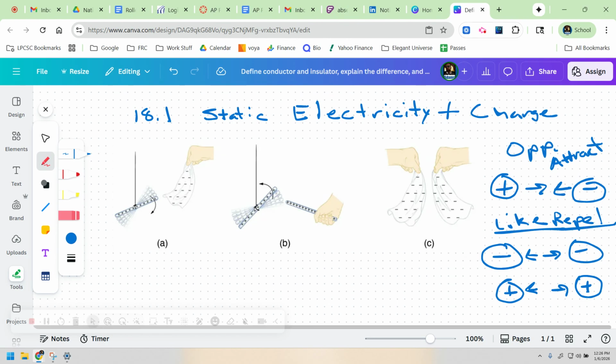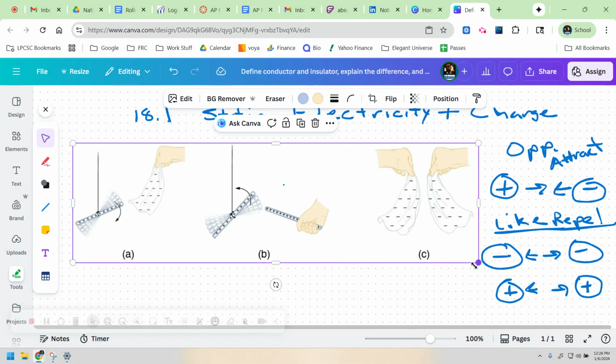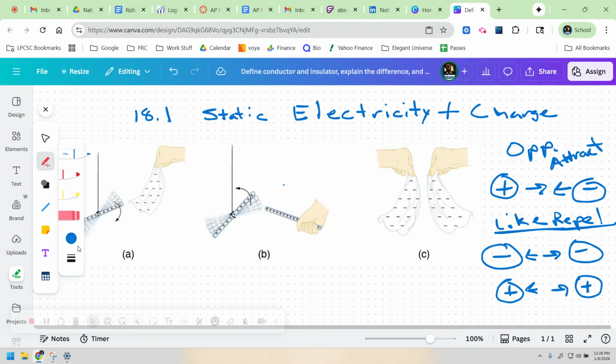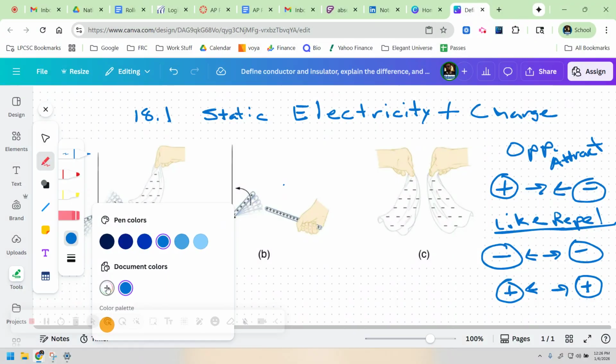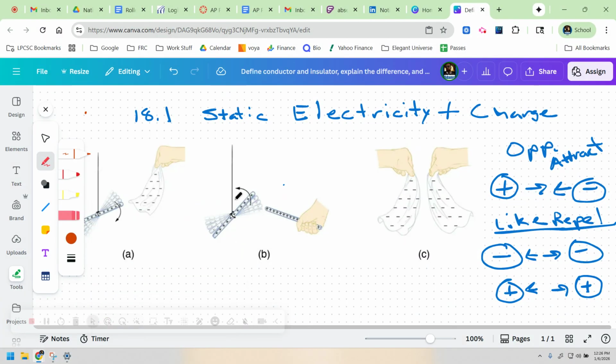And so what does that mean with regards to electricity? Well, electricity, static electricity and other electricity has to do with charges. Now let me zoom in on this a little bit so you can see what I'm talking about. So here, let me change that color to red. Okay, and we'll put that back over here.